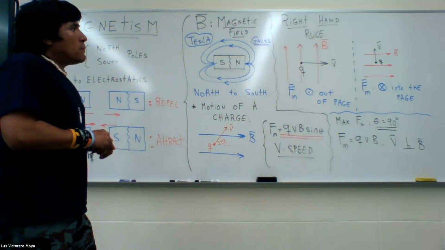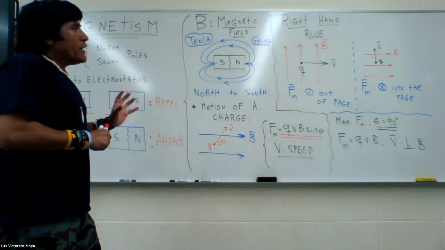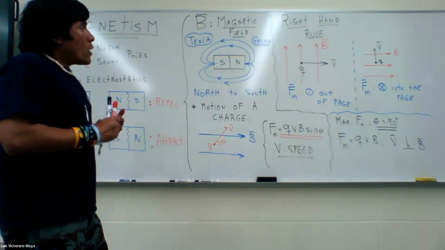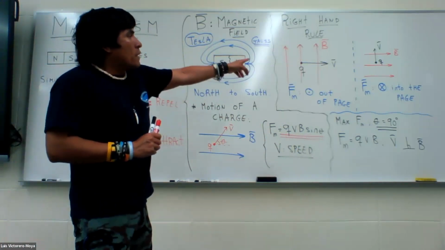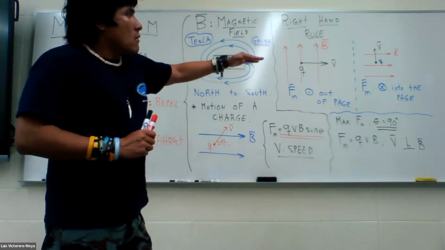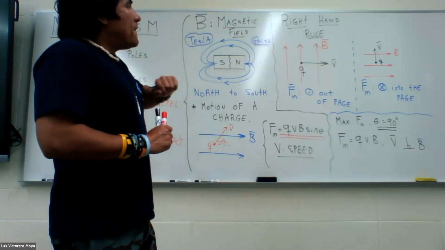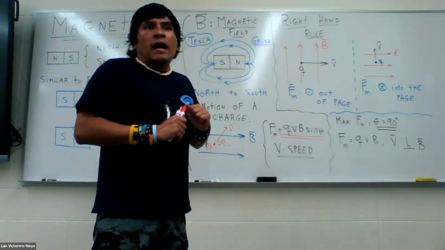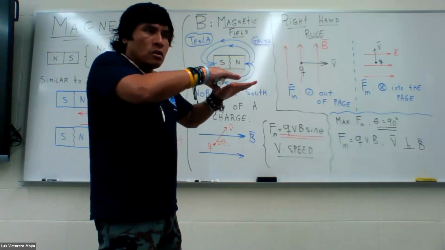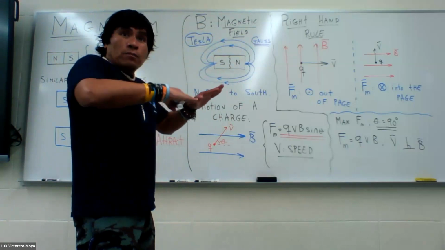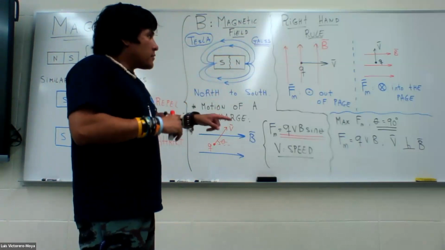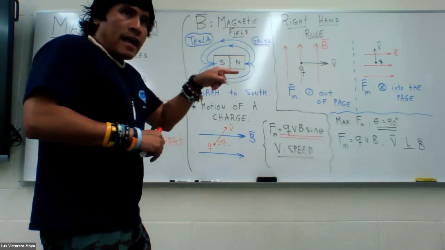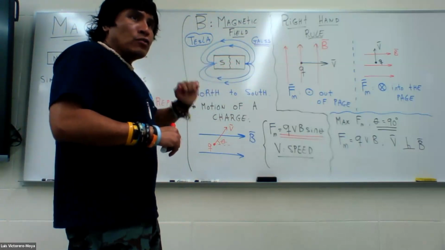Because in this chapter in particular, we need to introduce the third dimension. So we can have a particle moving on the plane, but then the magnetic field or the magnetic force might be on the dimension pointing towards you, right? So you have the X and Y, and then you have the Z axis. So we need to introduce that.